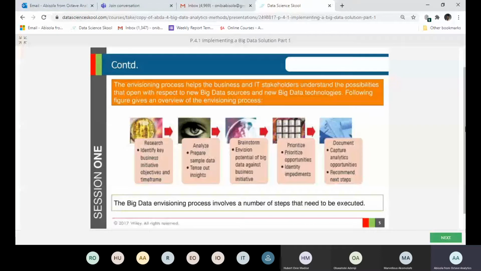You're trying to understand the key business initiatives of that company. What are the things that drive them in the company? What are the things they are looking at achieving in the company? You don't just go ahead and create big data solutions for a company.